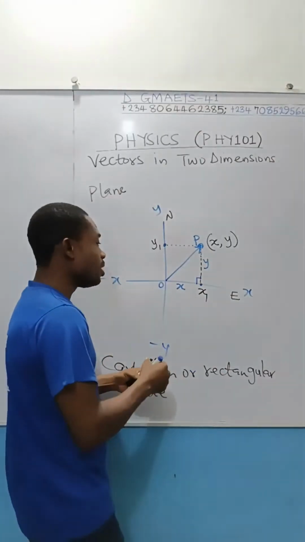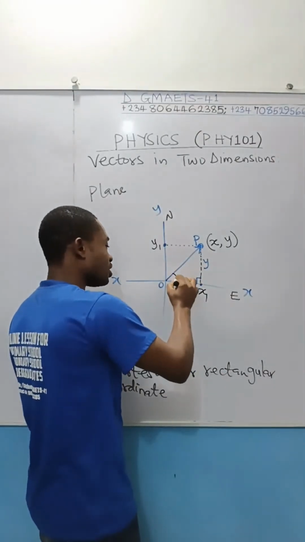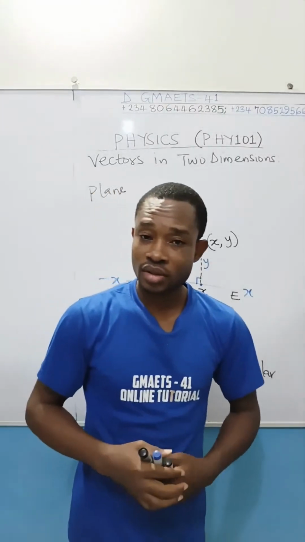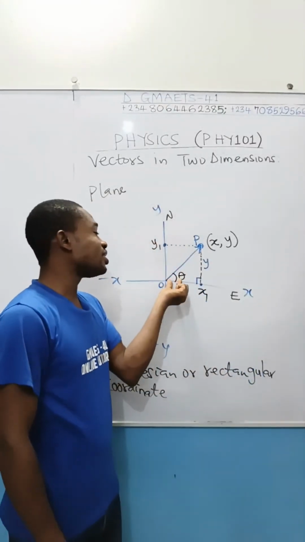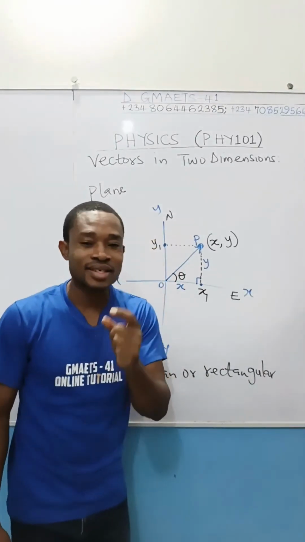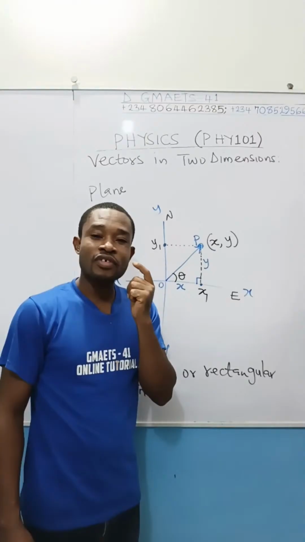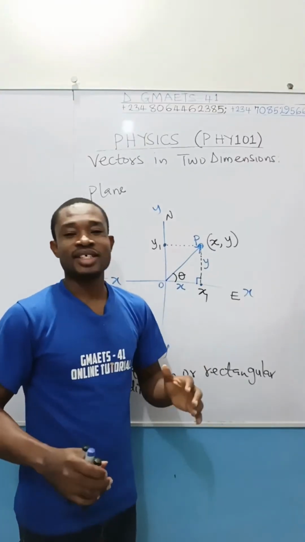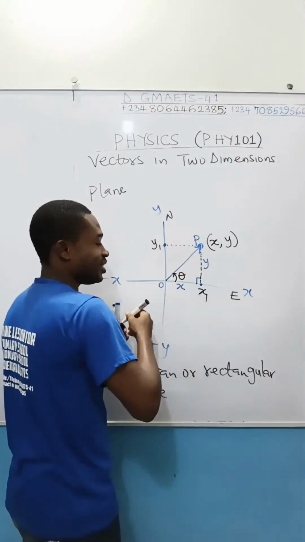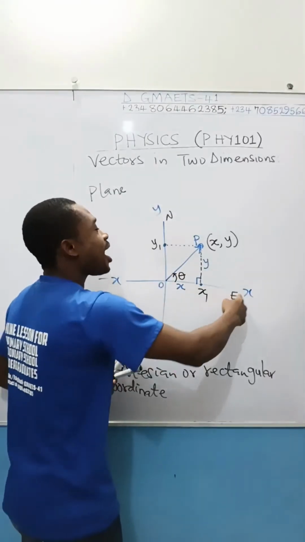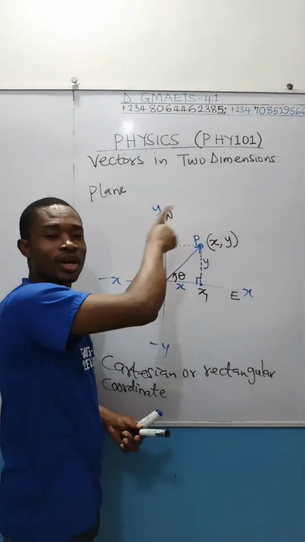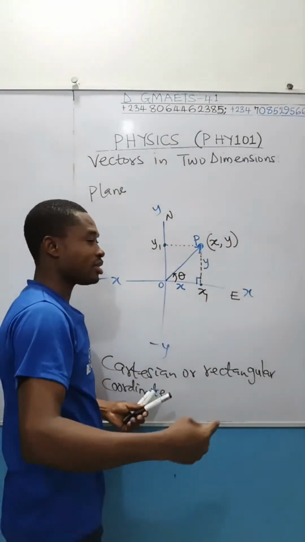Now, the vector made this angle. Let's represent that angle as theta. Since the vector made this angle theta with the positive x-axis, take note, the angle of a vector by standard is always measured from the positive x-axis anti-clockwise, or counterclockwise, it means the same thing.